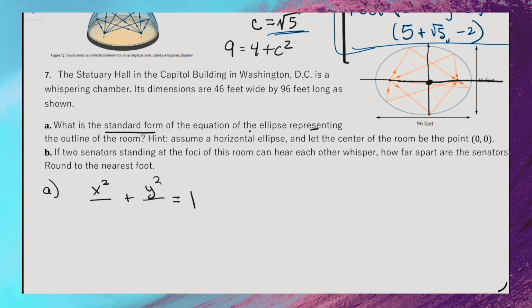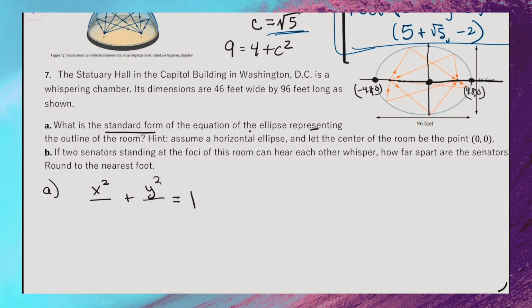I can see that it's elongated horizontally. So because it's elongated horizontally, a will be the distance from the vertex to the center. Remember, if they said the entire hall is 96 feet, then half of it is 48. So this would be (-48, 0) for a coordinate point, and this would be (48, 0).